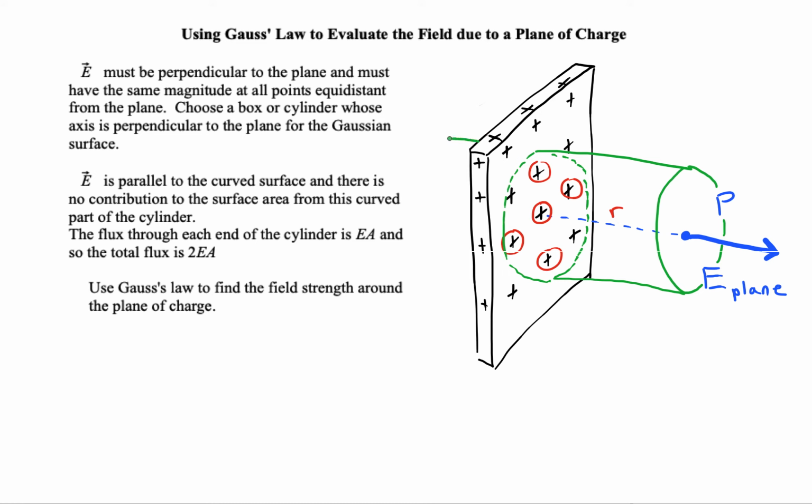We want it to cut all the way through our plane and have it come out on the other side, so that it has two caps. There will be a flux through the front, and a flux through the back surface as well.